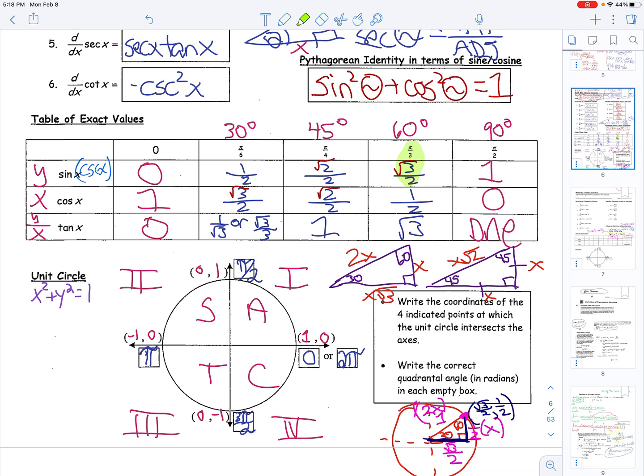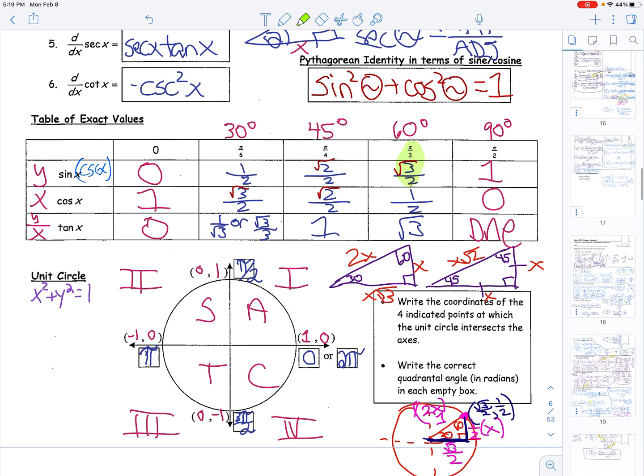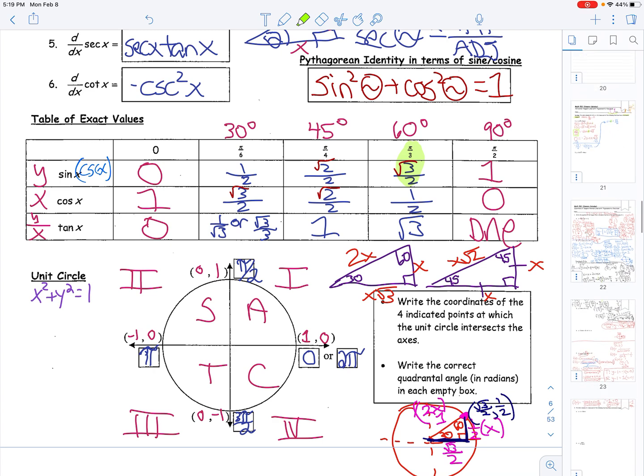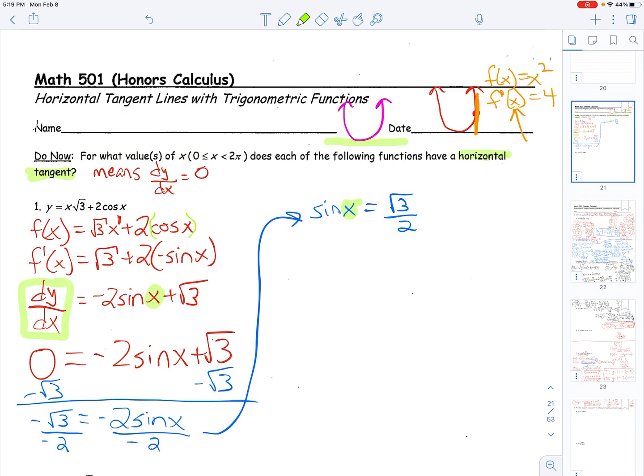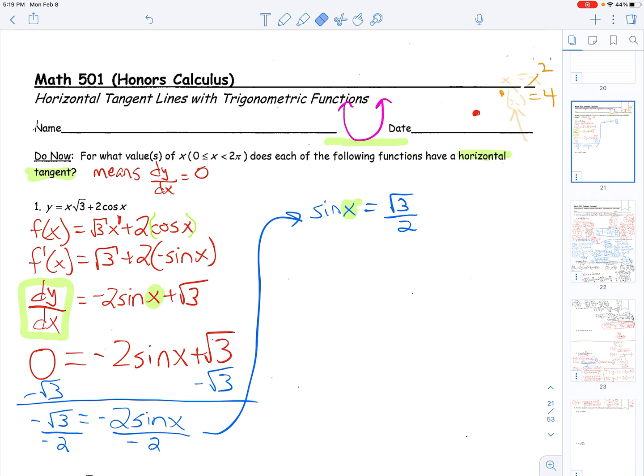The sine of pi over 3, isn't it? The sine of pi over 3 is radical 3 over 2. Okay, that's our reference angle, by the way.